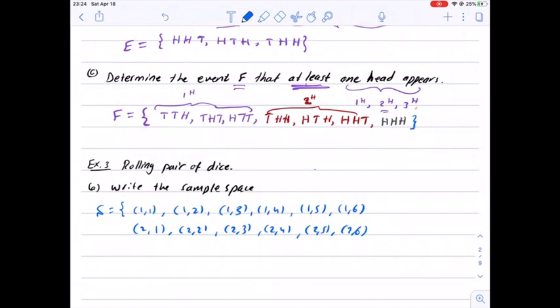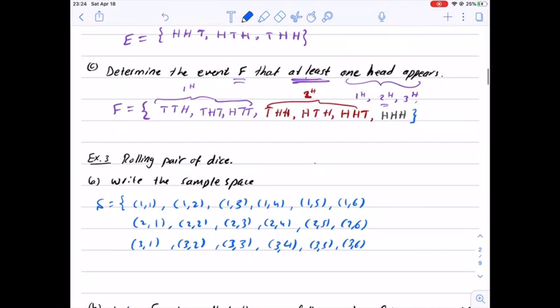This means the first die has number 2 appear, and the other die can be 1 or 2 or 3, 4 up to 6, or 3, 1, 3, 2, 3 on the first die and 3 on the second, 3 on the first and 4 on the second, 3, 5 and 3, 6, and we continue in this manner until we exhaust all the outcomes.